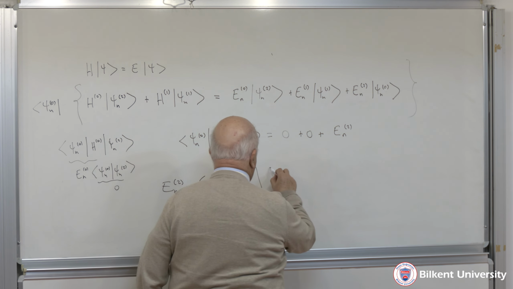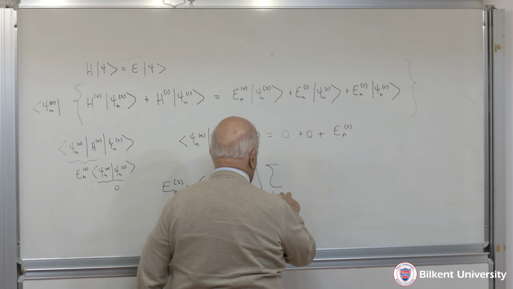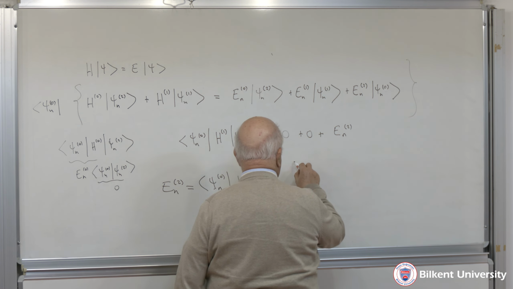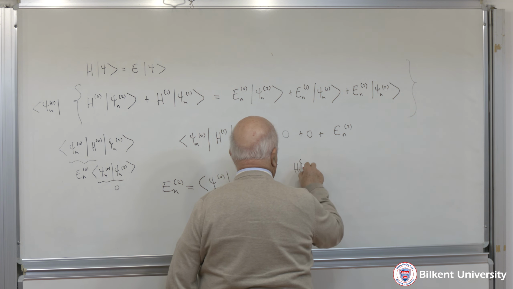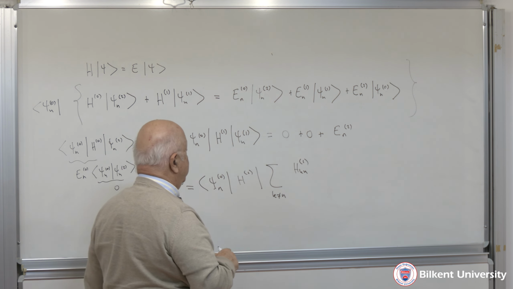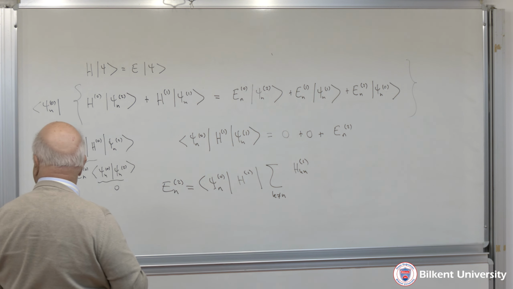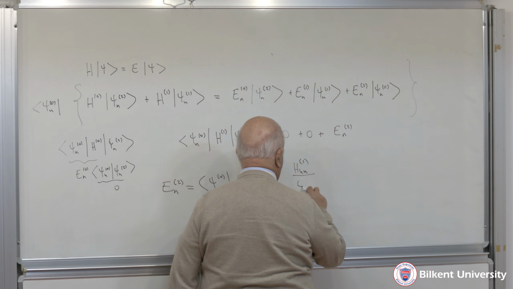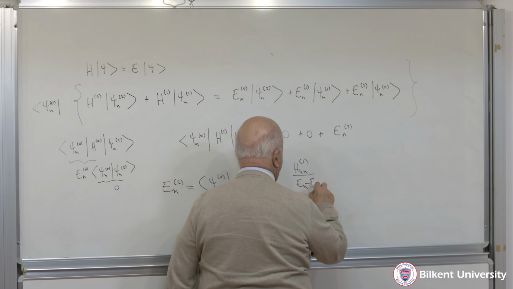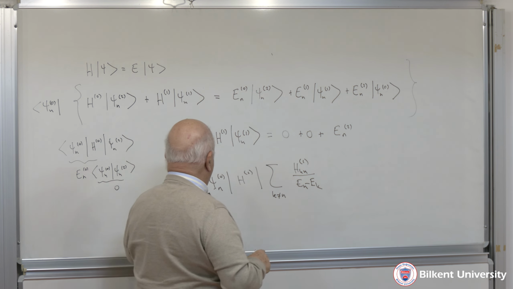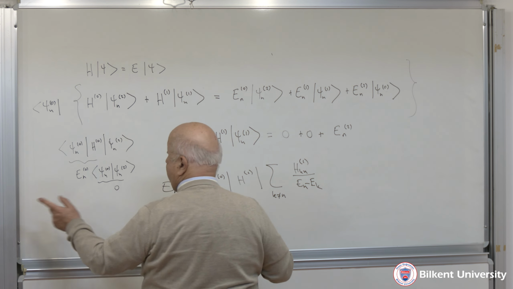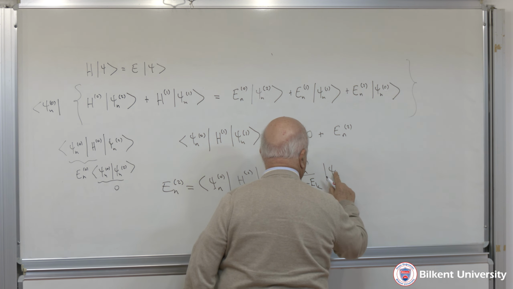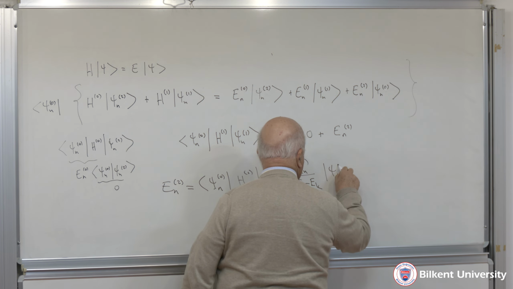So that's going to be the sum over k not equal to n of the kn matrix element of h1, over En minus Ek, and then I have psi k0.